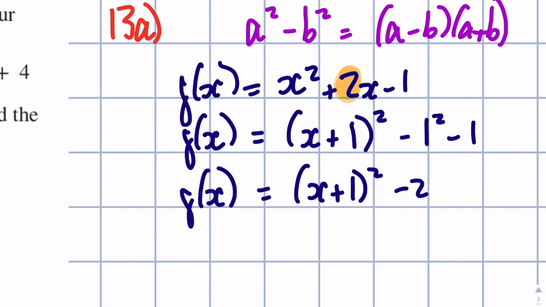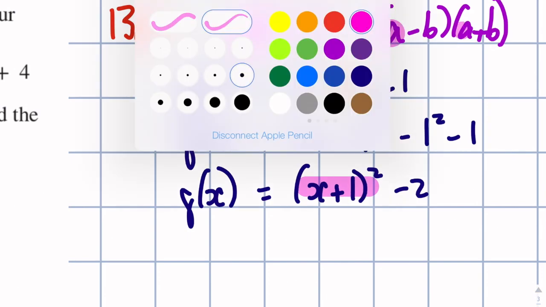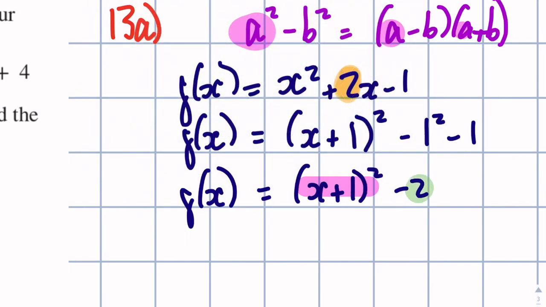Now, this x plus 1 squared, I'm going to treat like a. And this take 2, I'm going to treat like b. Which means I'm going to get x plus 1. Oh, sorry, I need to do another step.